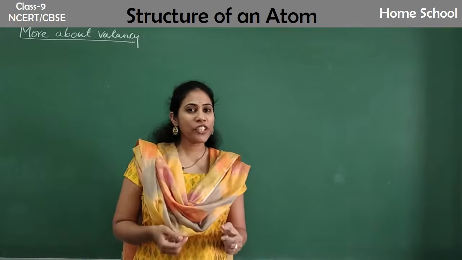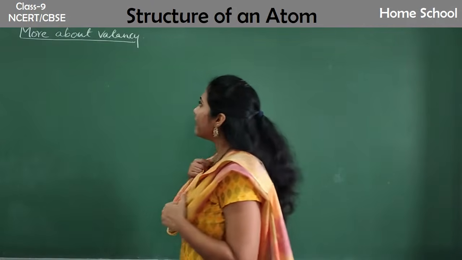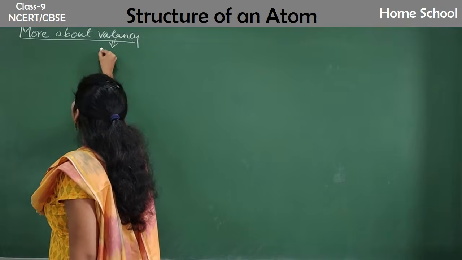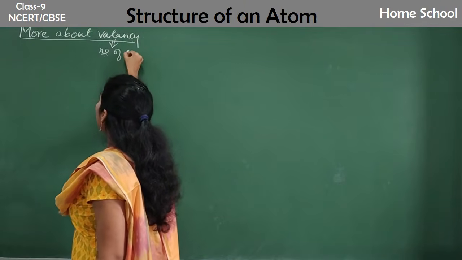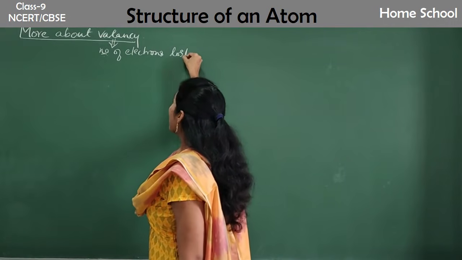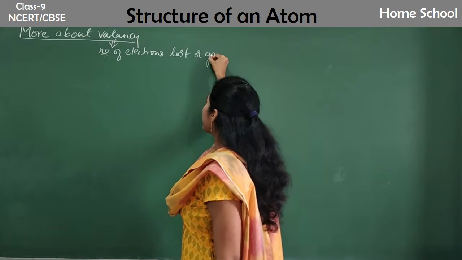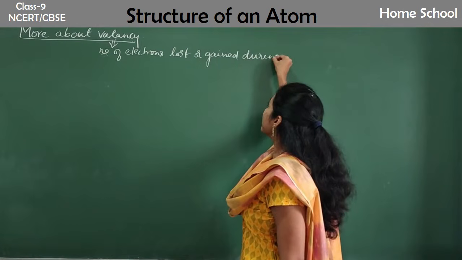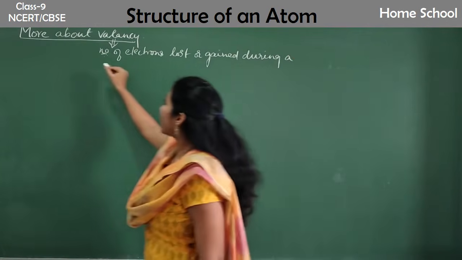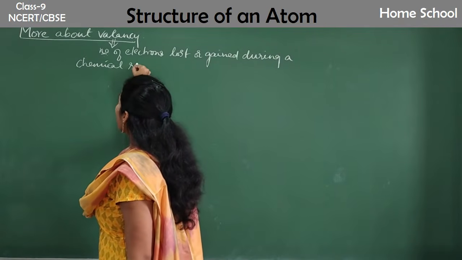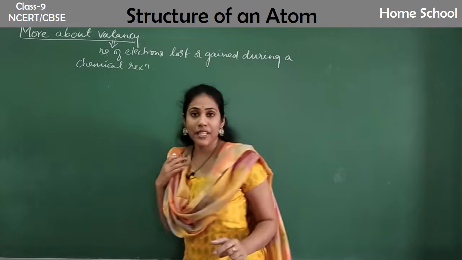Okay, let us discuss more about this. So what is the definition that you will give for valency here? Valency is nothing but number of electrons lost or gained during a chemical reaction. During a chemical reaction is called valency, isn't it?